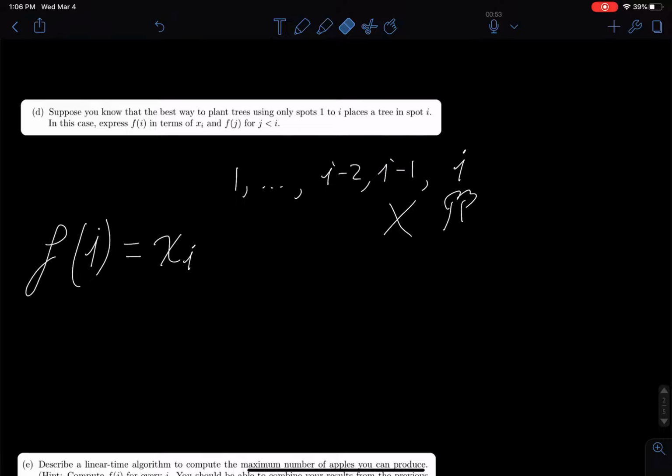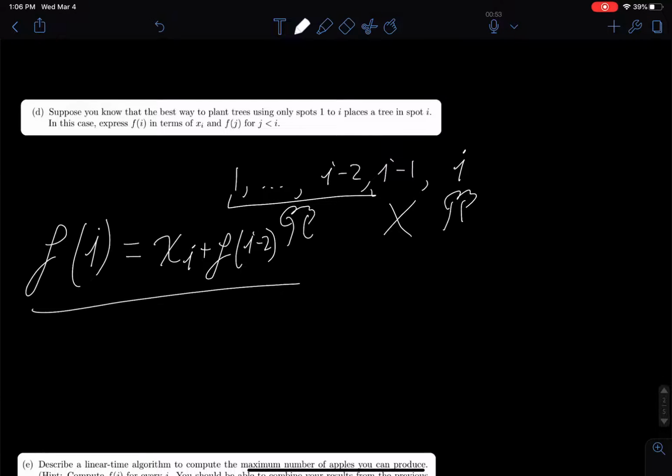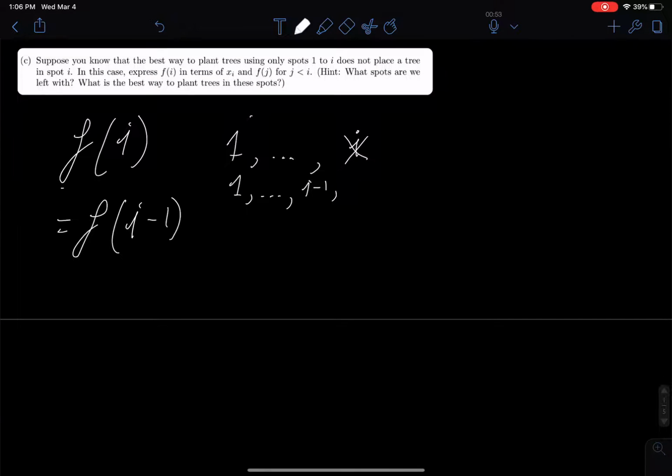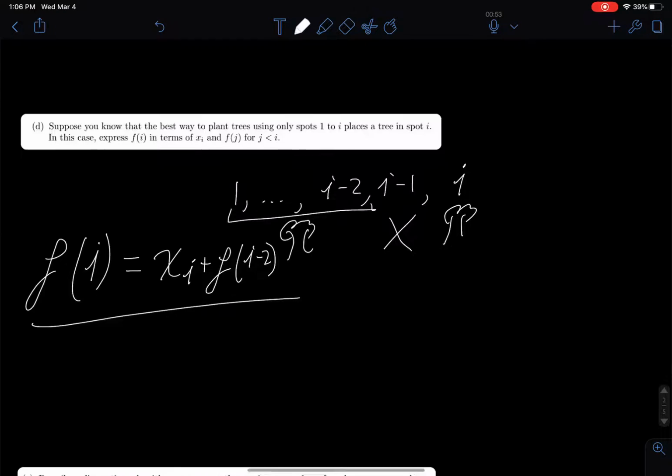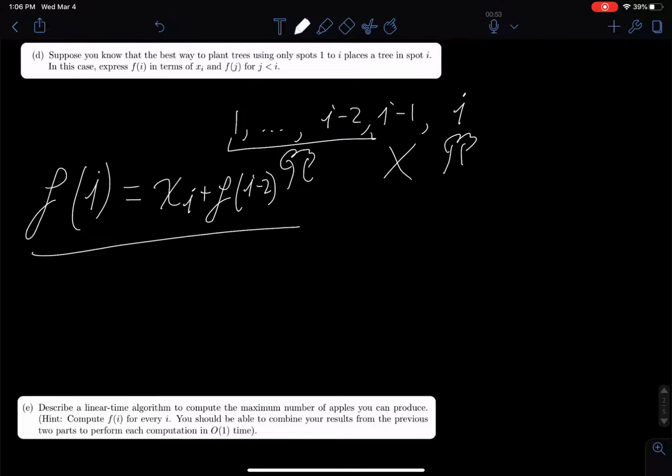It's only going to include any possible trees in 1 through i minus 2. So here, we're going to have f_i equals x_i plus f_{i-2}. So our 2 options for f_i are f_i equals f_{i-1}, or f_i equals x_i plus f_{i-2}.